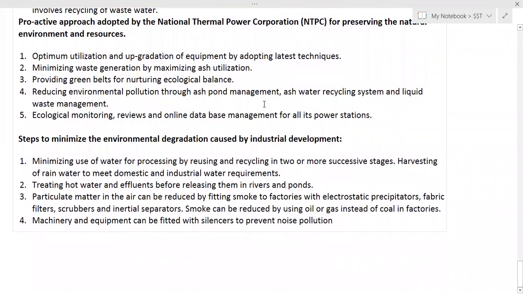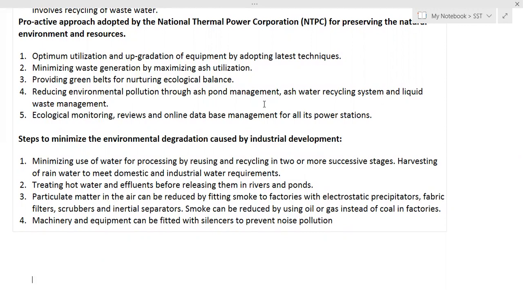A proactive approach has been adopted by the National Thermal Power Corporation, NTPC, for preserving the natural environment. NTPC practices optimum utilization and upgradation of equipment by adopting the latest techniques, minimizing waste generation by maximizing ash utilization, providing green belts for nurturing ecological balance, reducing environmental pollution through ash pond management, as well as a water recycling system and waste management.